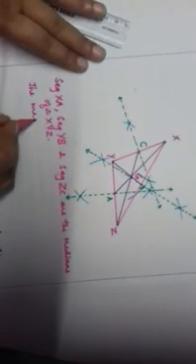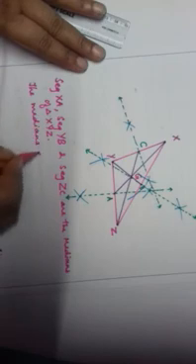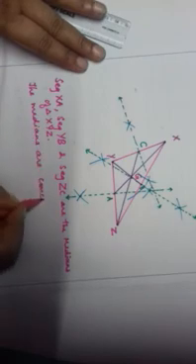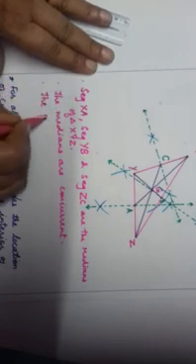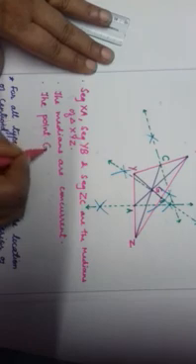And second point is what? You know it. The medians are concurrent. These three medians are concurrent. And third point is what? The point G is the centroid of which triangle? Of triangle XYZ.